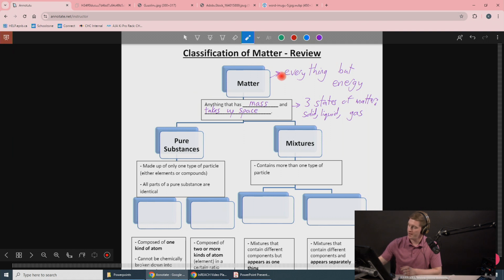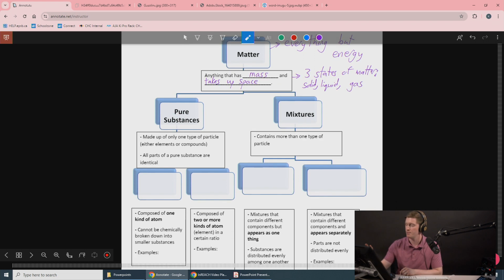Matter is the big overarching theme here. From there, we can go to some more specific categories. We'll break down matter into either being a pure substance or a mixture. A pure substance is made of only one type of particle. So if you were going to zoom down to the very small, very, very microscopic level, everything within a pure substance looks the same.